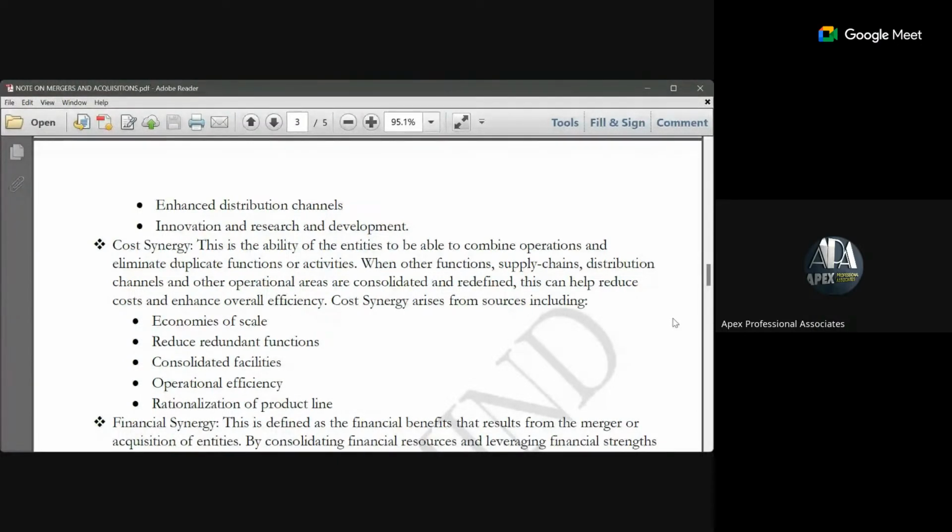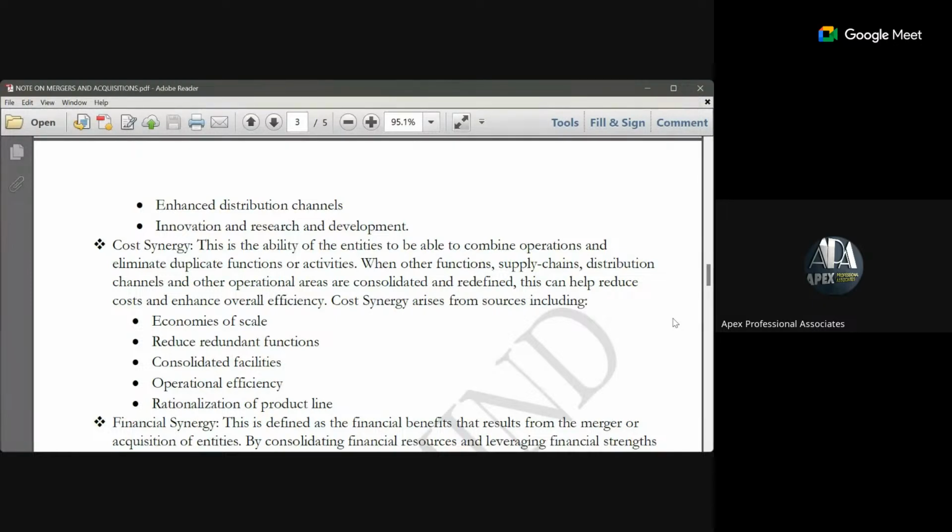So having combined the businesses together, it will help reduce redundant functions because there's a possibility that one department is performing more than the other in their separate businesses. So when they bring them together, competition comes in where they need to select the best hands.